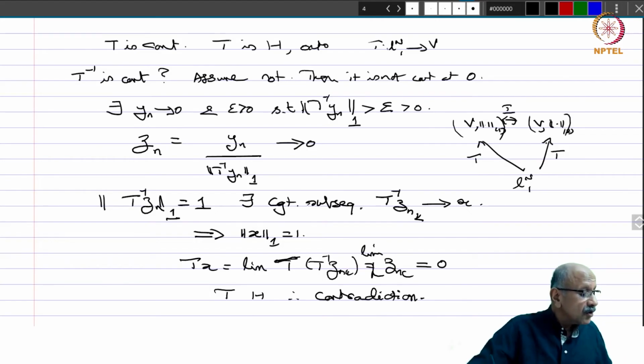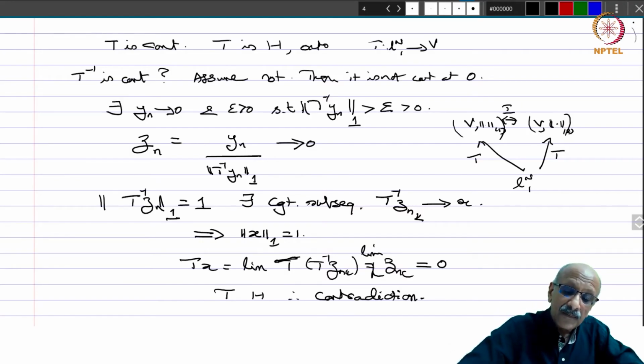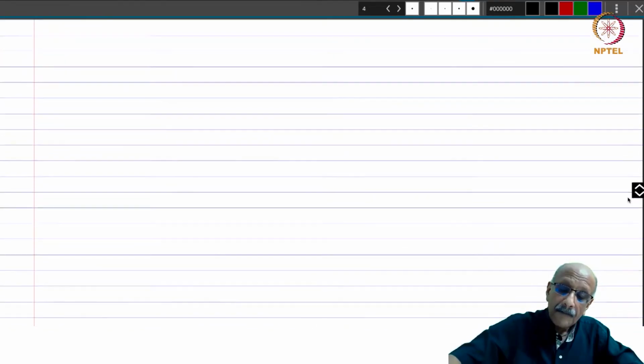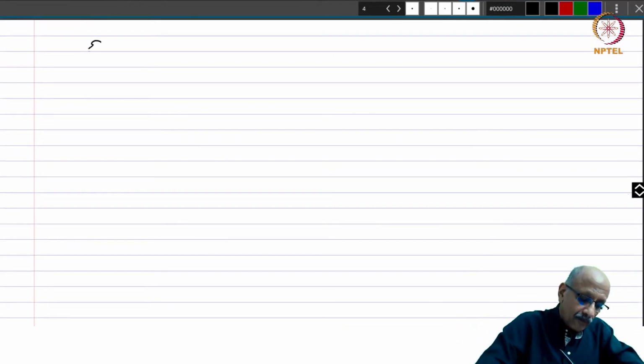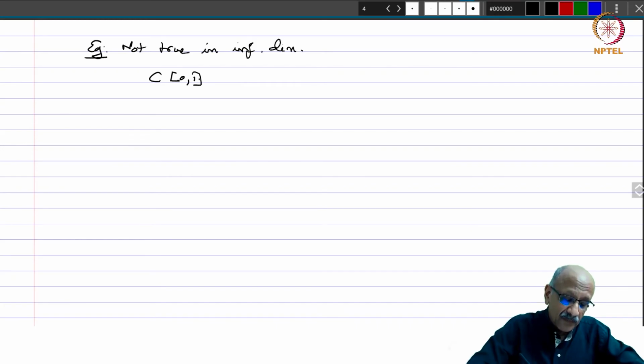So this is not true in infinite dimensions. Let us take an example of C[0,1]. We can construct many such examples, but anyway, so we have the usual norm.